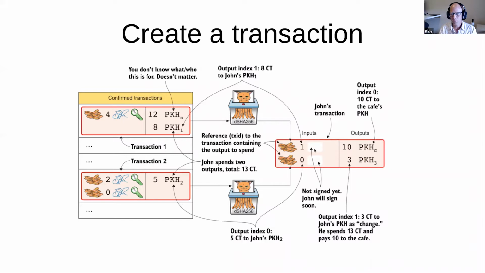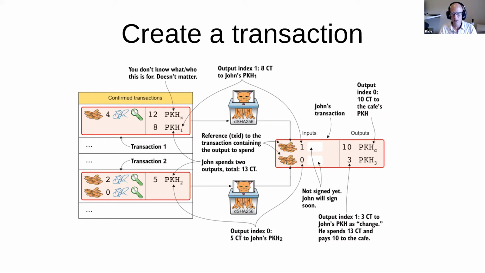And then the second input, in the same way, refers to a previous transaction through its transaction ID. I'll talk more about transaction IDs later, but a transaction ID is just the double SHA-256 of the transaction.